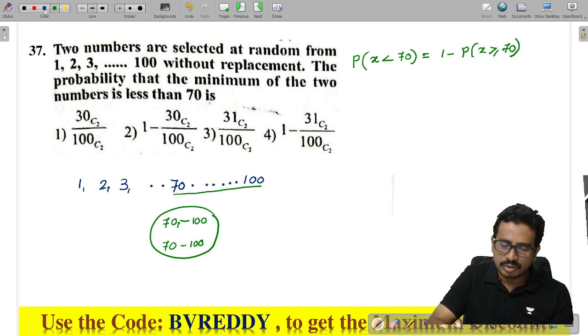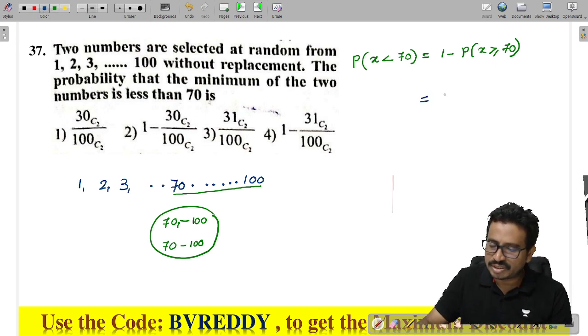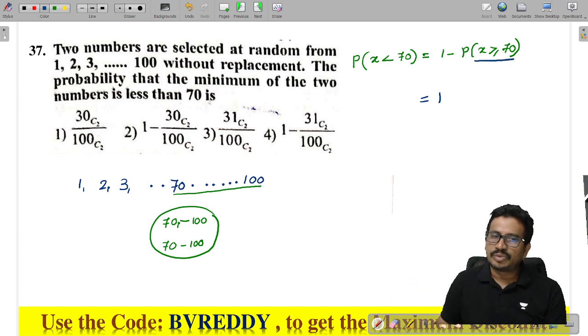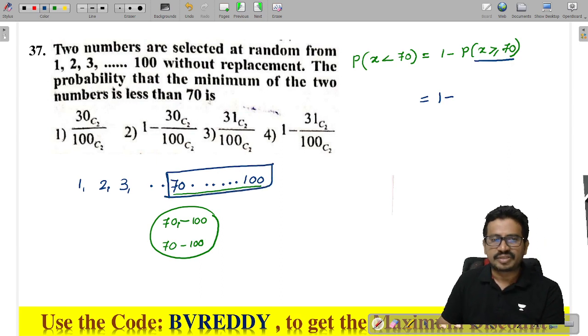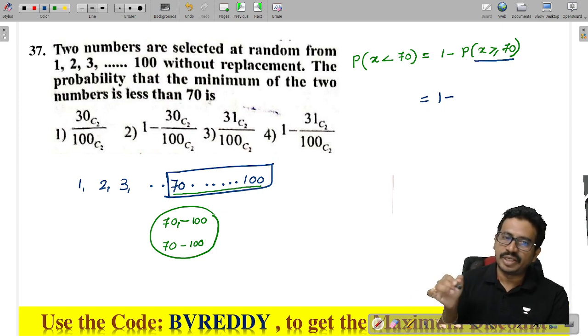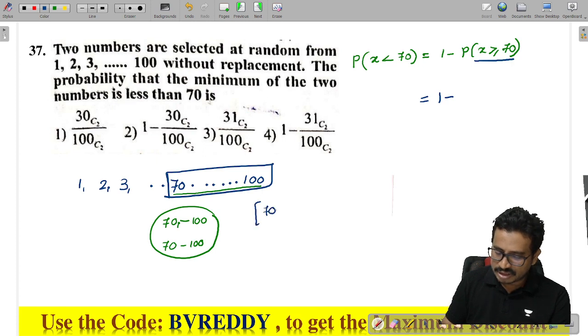So tell me now, what is the probability of selecting the two numbers whose minimum is greater than 70? That is 1 minus... how many numbers are there in between 70 to 100? 30 or 31? Including 71 to 100 that is 30, but 70 is also included now, 70 to 100, both included.